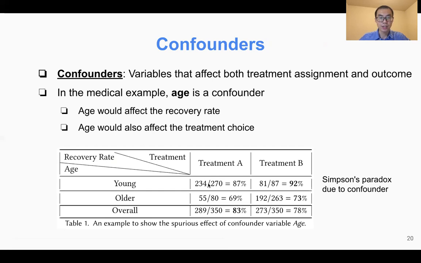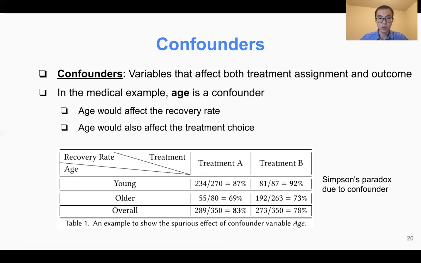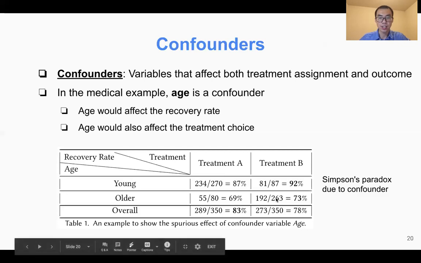If you look at the overall treatment effect, you can see by using treatment A, the recovery rate will be 83%. By using treatment B, the overall recovery rate will be 78%. So you may conclude that treatment A is more effective than treatment B. However, if you look at the different age groups in detail, there are some interesting observations.